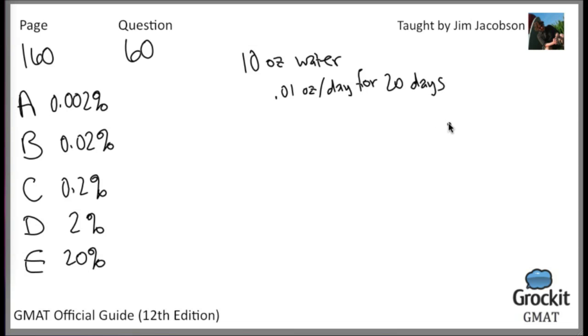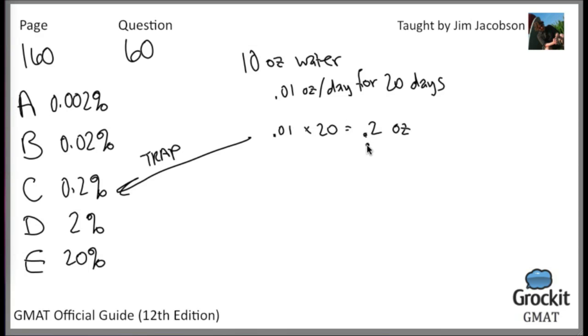So 20 times 0.01, each day times 20 days, equals 0.2. Okay, 0.2 ounces total disappear. And so, of course, that's where this trap answer comes from.